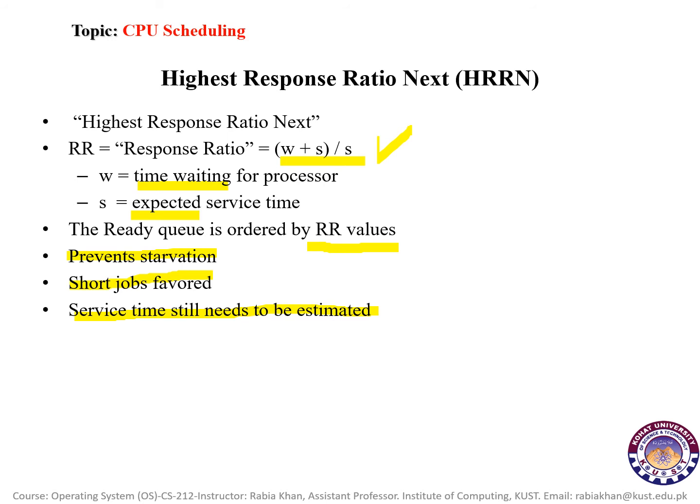On the basis of that, the response ratio is calculated, which may or may not be correct. So this is a rarely used algorithm, but it is a better option as compared to priority scheduling, where starvation is a long problem and aging is generally done in order to make a process able to get a chance to execute.